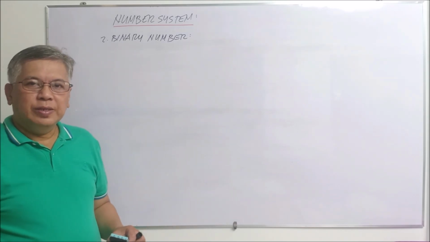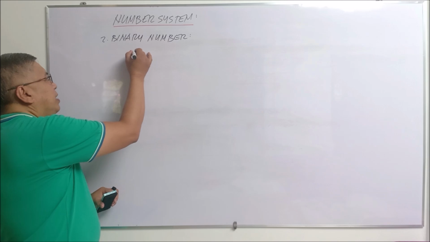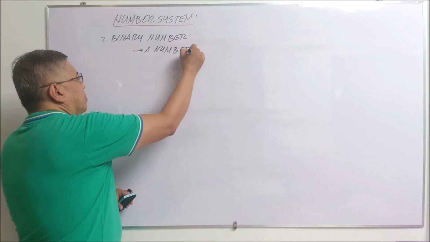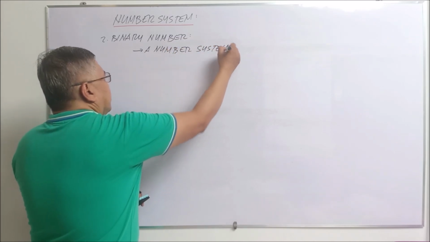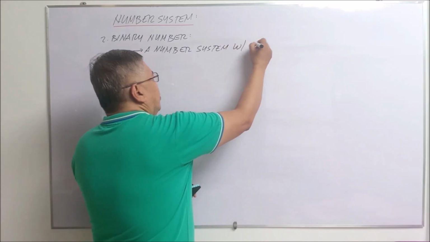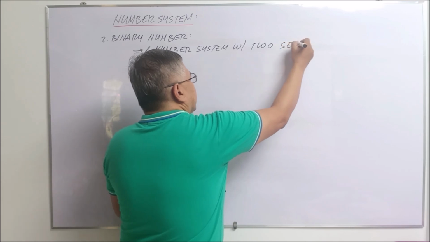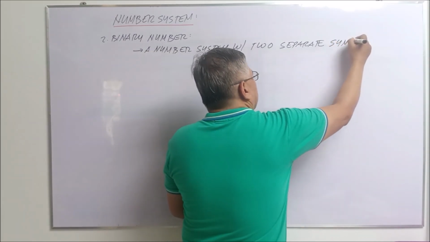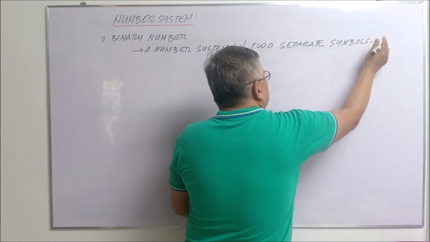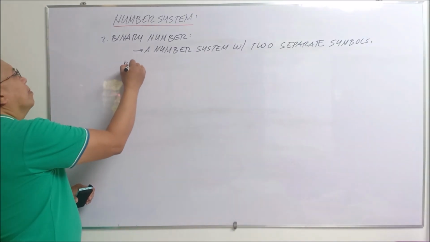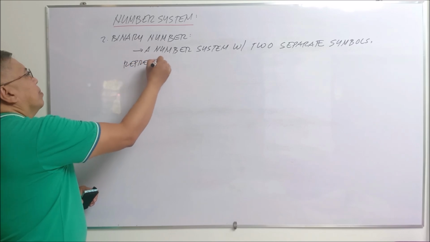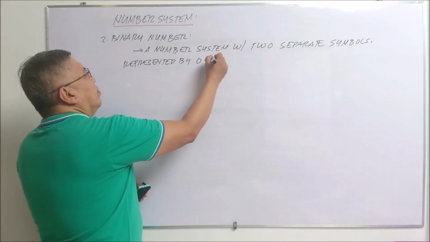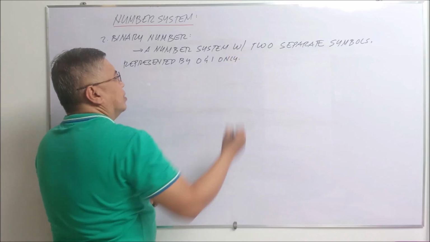Binary number system. A binary number is defined as a number system with two separate symbols, represented by 0 and 1 only.